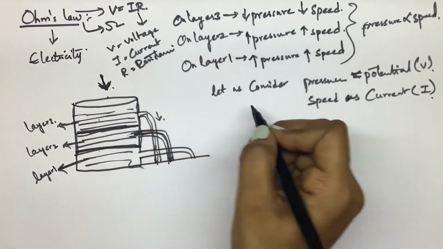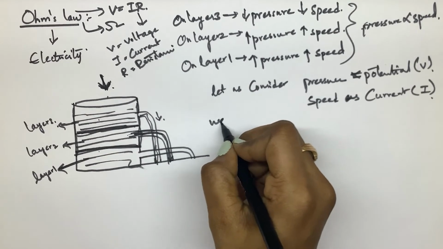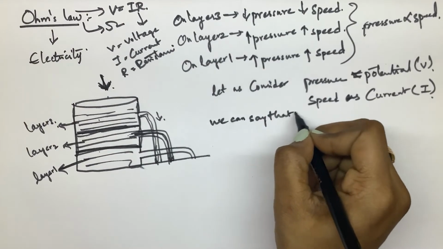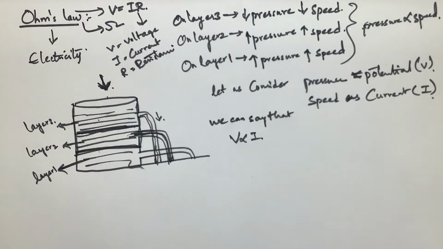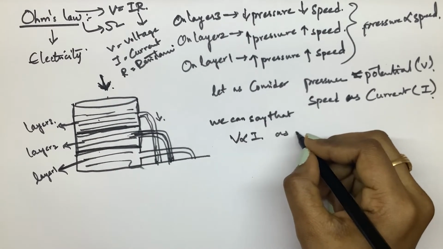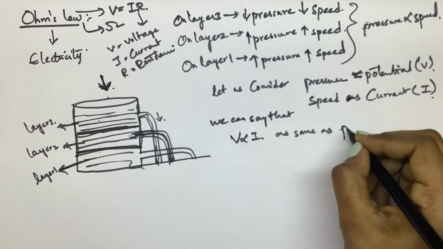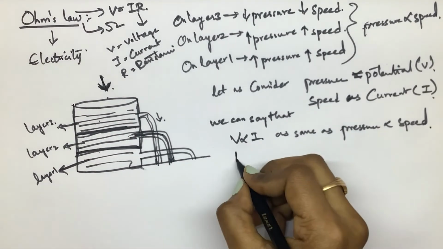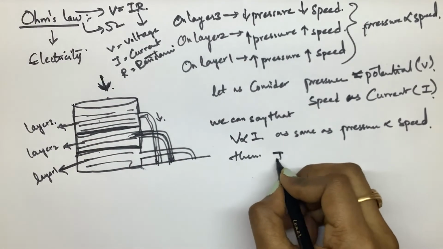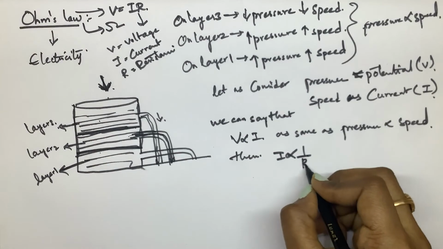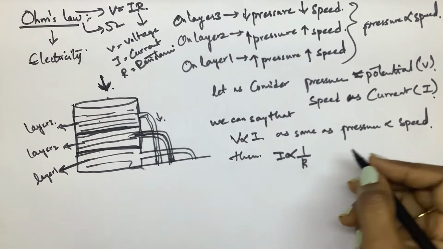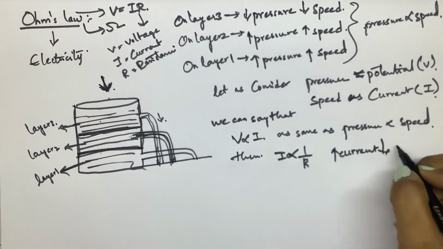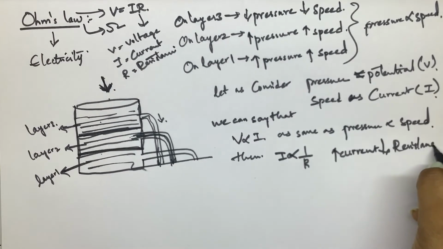So we can say that V is directly proportional to I, the same as pressure is directly proportional to speed. Then I is inversely proportional to resistance, because as resistance increases, current decreases.